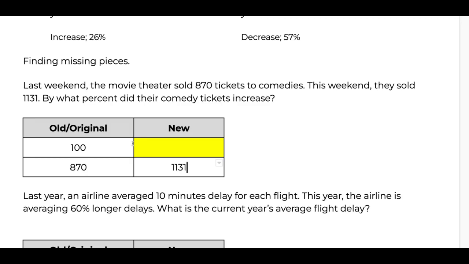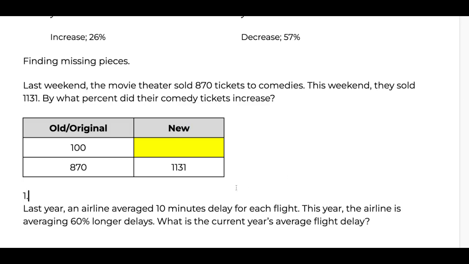So your goal here is going to be finding a constant first, because that's going to help you figure out what to multiply 100 by, because we're going from 100 forward to the yellow, so we're going to be multiplying. But we have to know what to multiply in order to get there.